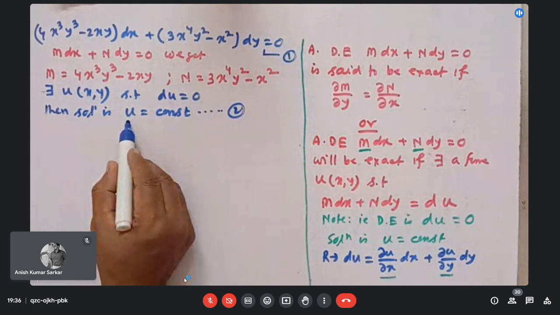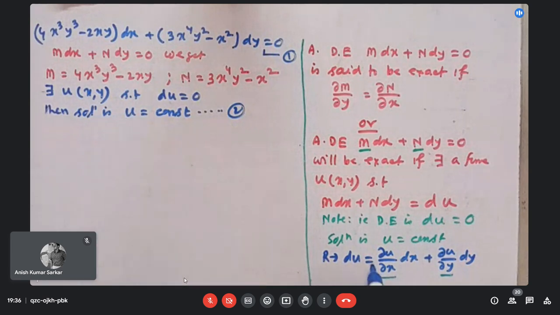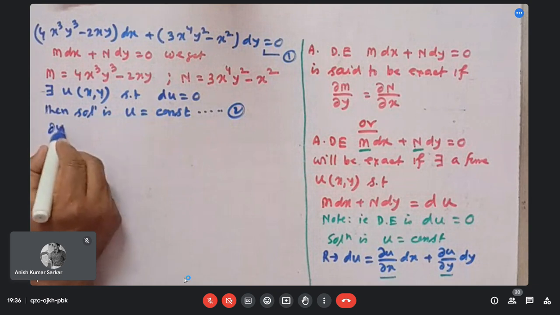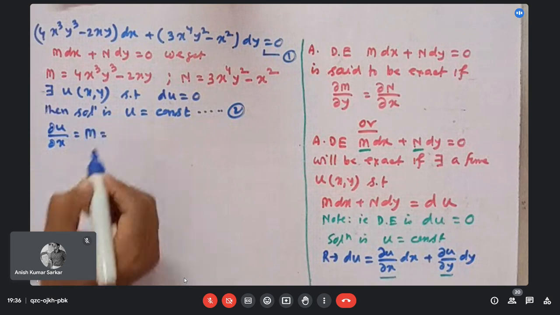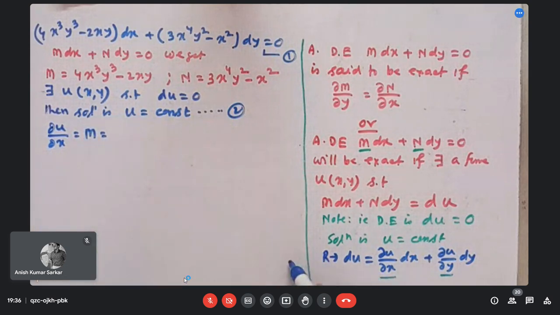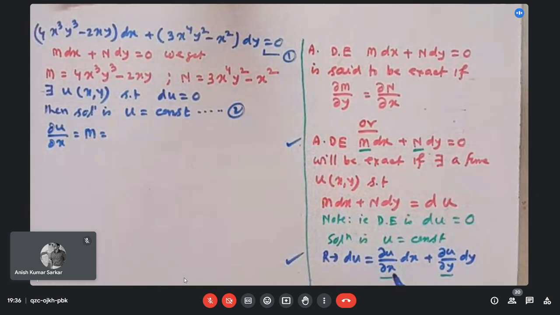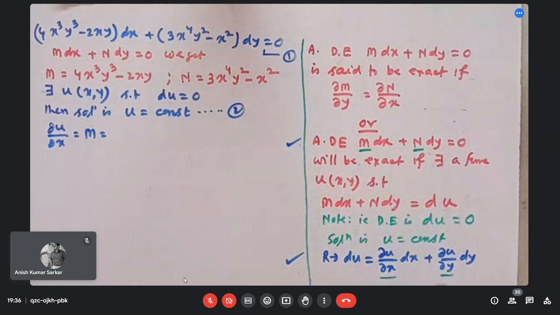And our aim is to find u, so the relation is this, where del u by del x is equal to m. Here just compare this result and this result, so del u by del x will be m.